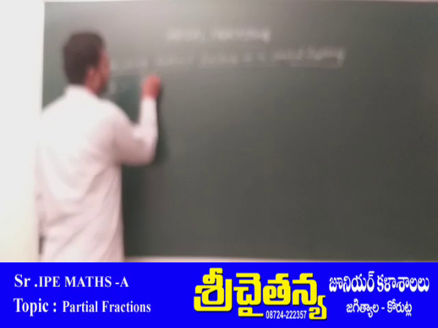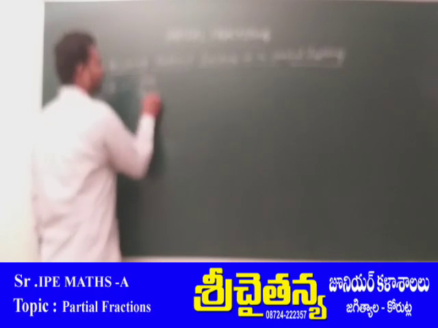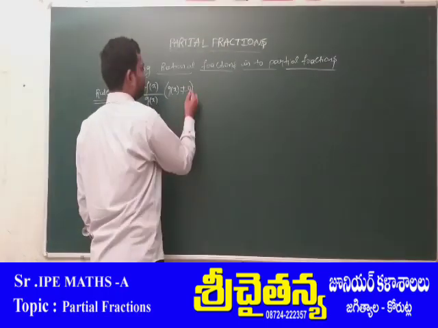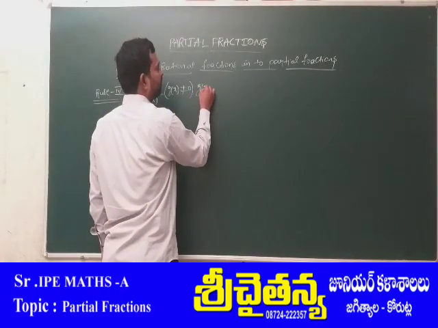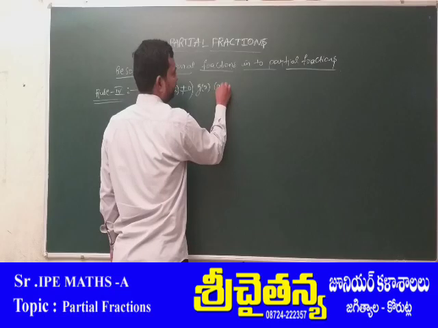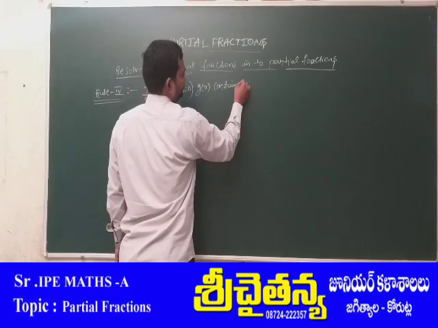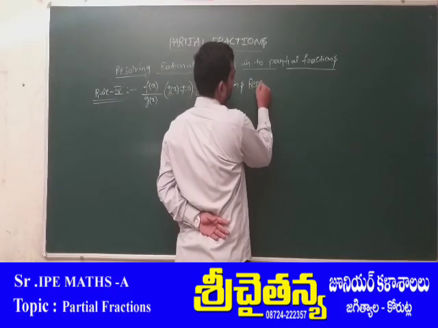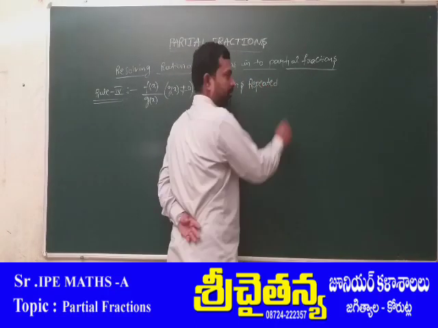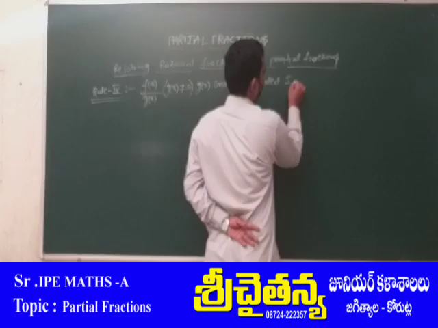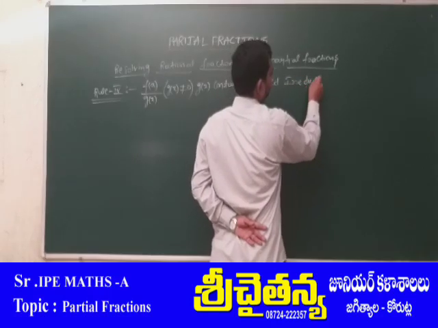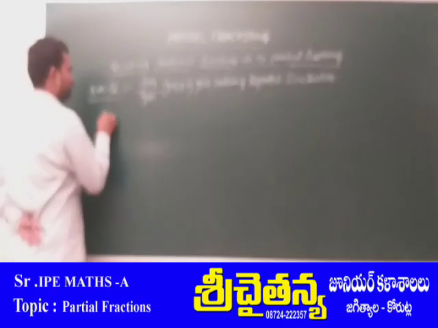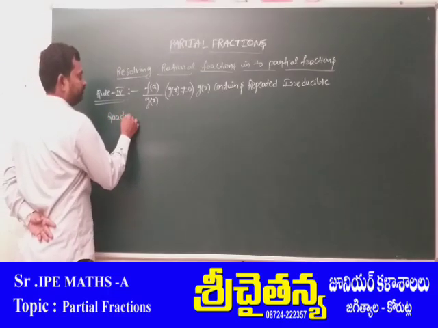F of x by g of x, where g of x is not equal to 0 and g of x contains a repeated irreducible quadratic polynomial.